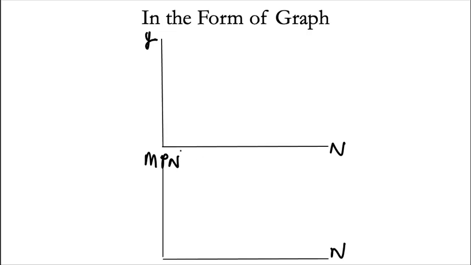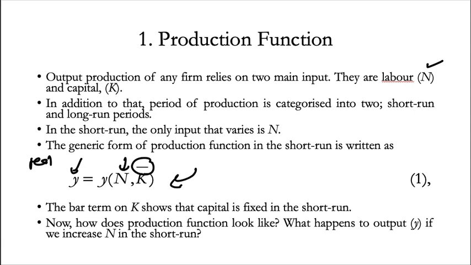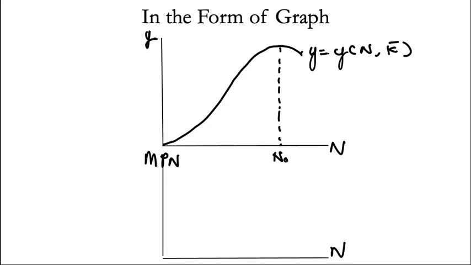In the first graph here, I draw this. Now this is the production function. Recall the equation written for the production function is equation 1. This is the production function graph, and here we want to relate it with marginal product of labor.